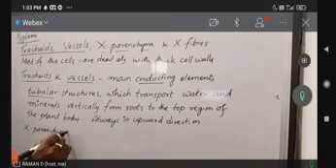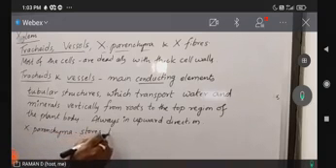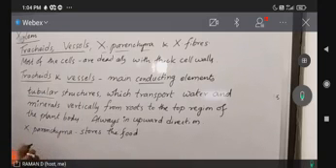Xylem parenchyma stores the food. So out of the xylem elements, which element stores the food? Xylem parenchyma.